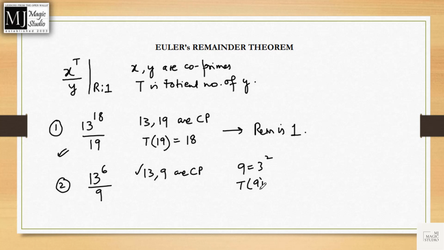So the Totient number for 9 is 9 into 1 minus 1 by 3. That is 9 into 2 by 3. And bingo, that is 6, which fits in here. So this is of the form x to the power t divided by y, where t is the Totient number of y. We can straight away say that the remainder for this is 1.